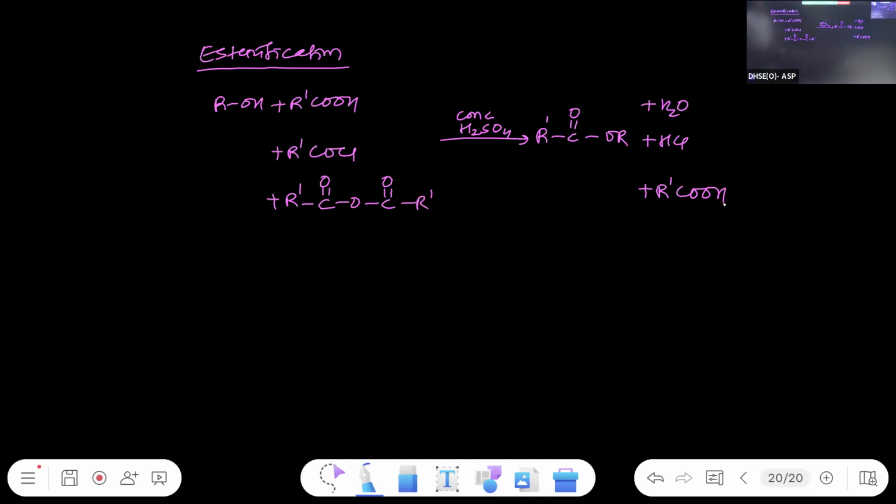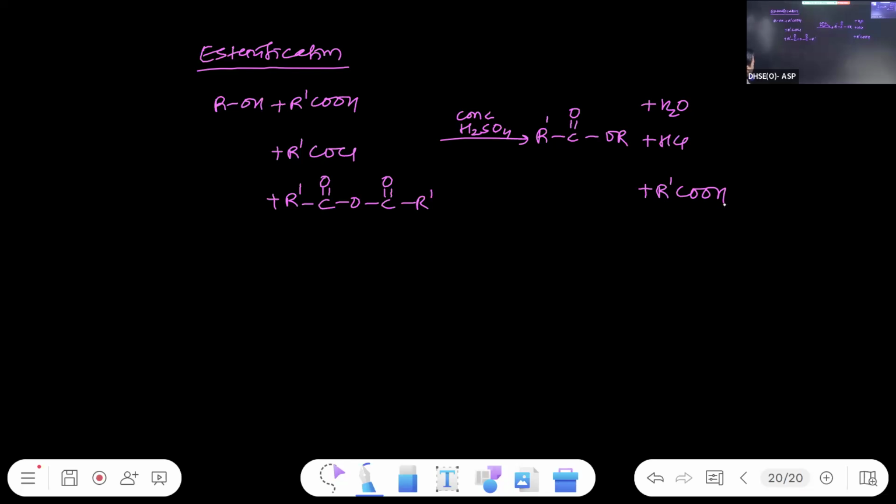Students, complete it. That means alcohol reacts with the carboxylic acid and its derivative. Among the derivatives, it is acid halide and anhydride, to form ester and other side products.